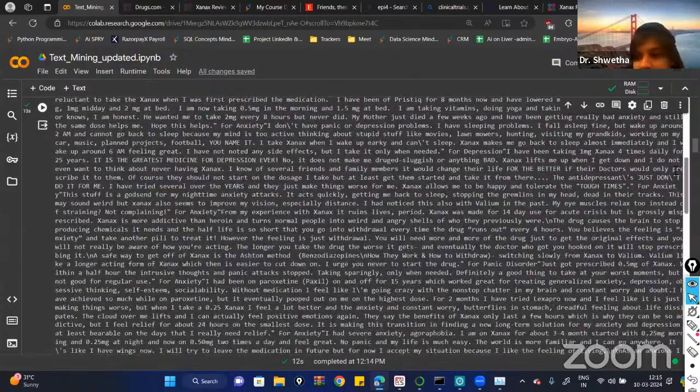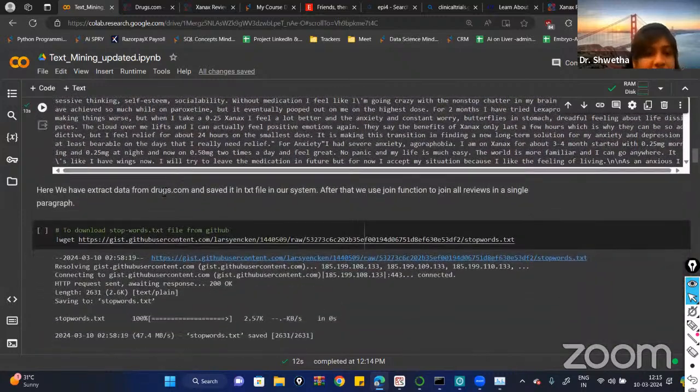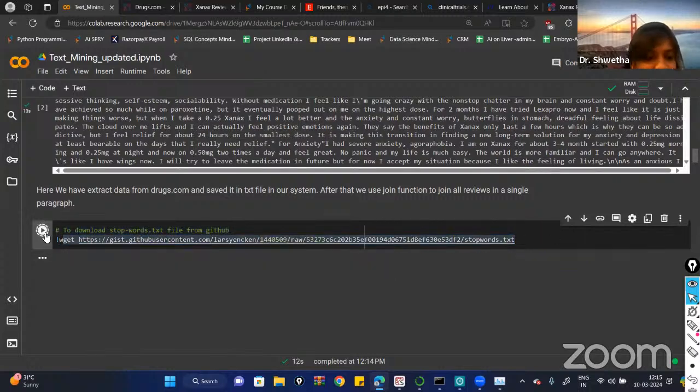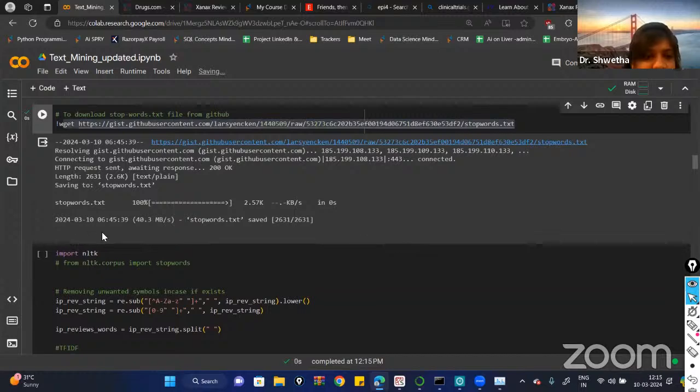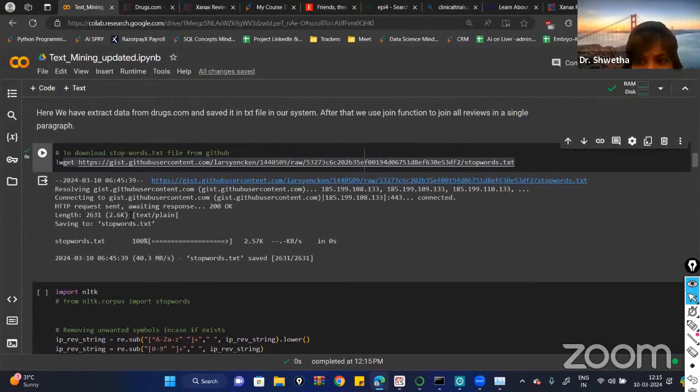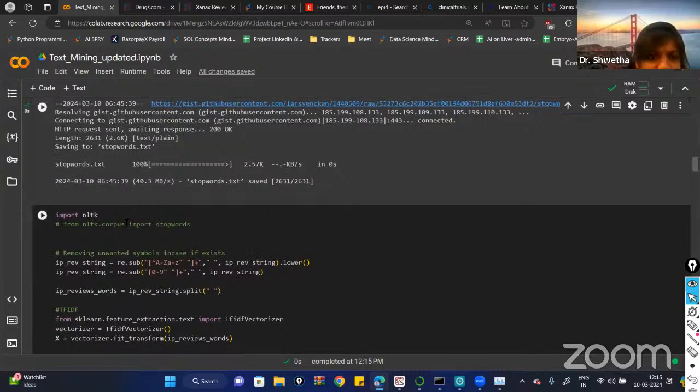Next, we are trying to get the data set of stop words. We are downloading the stopwords file from GitHub. This is the code to get the file from GitHub. Executing this, the stopwords will be stored in the session's memory.